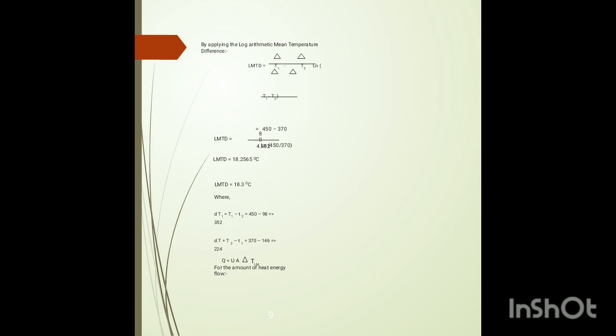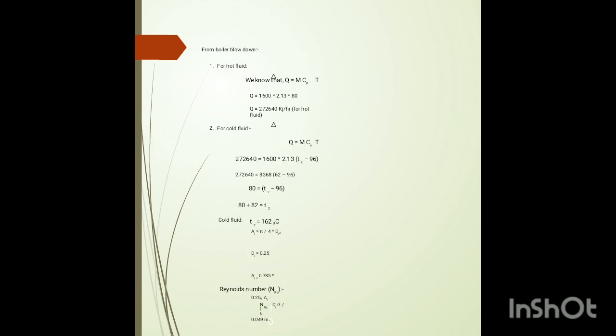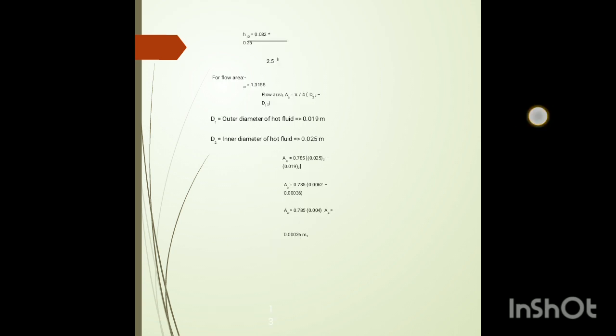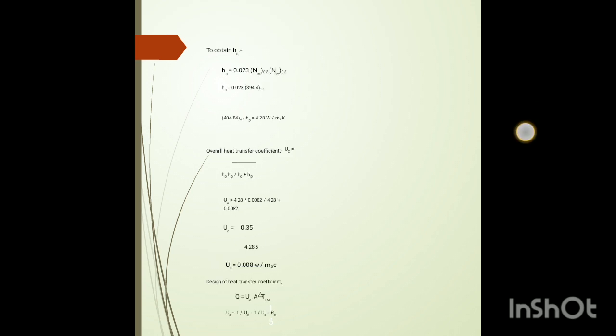First of all we are using LMTD to calculate the temperature differences, and thereby we find the heat absorption, the area to be covered, and the length to be revamped in the shell and tube heat exchanger column.